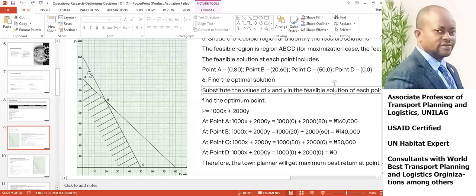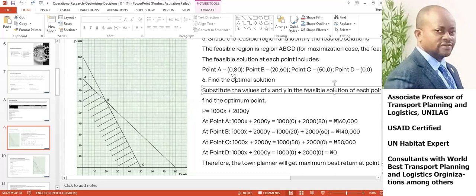This is point A, this is point B, and this is point C. That's why we have points A, B, C. This one can be D, or it can be 0. Some textbooks will tell you it is 0.